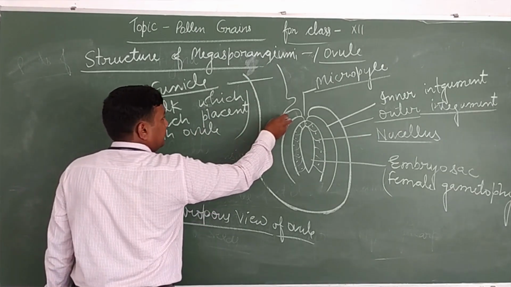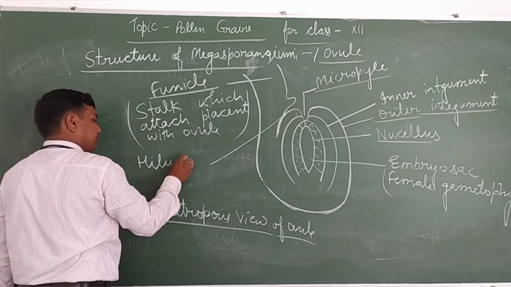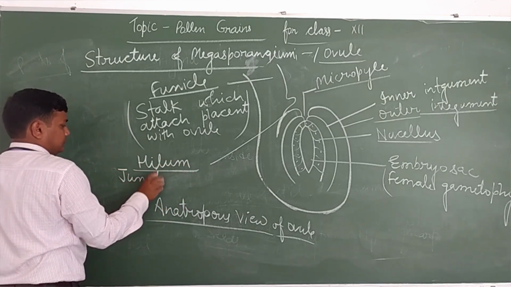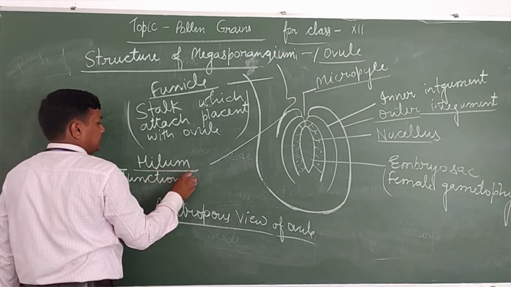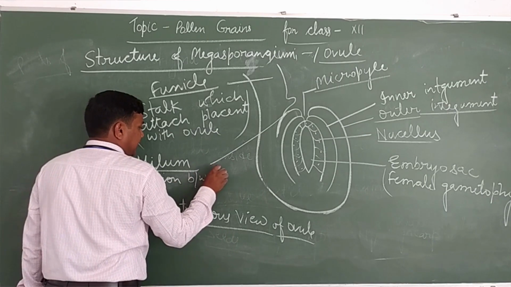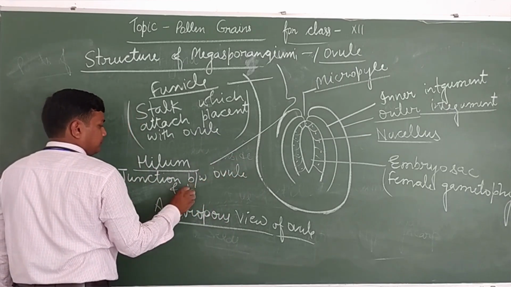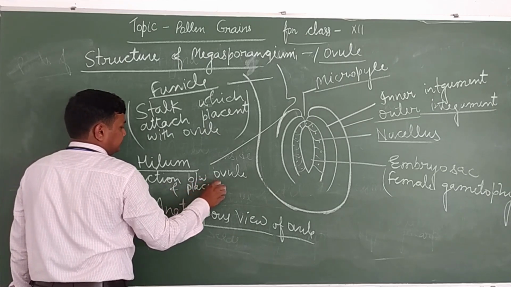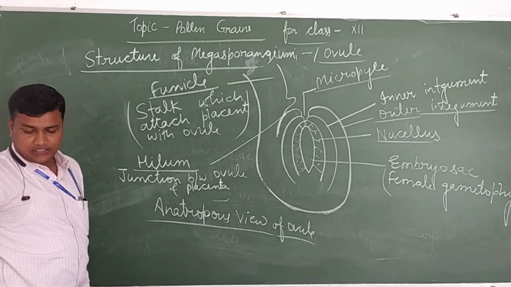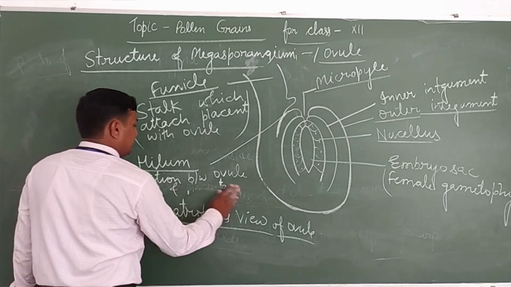This portion is known as hilum. Hilum is a junction between the ovule and funicle.